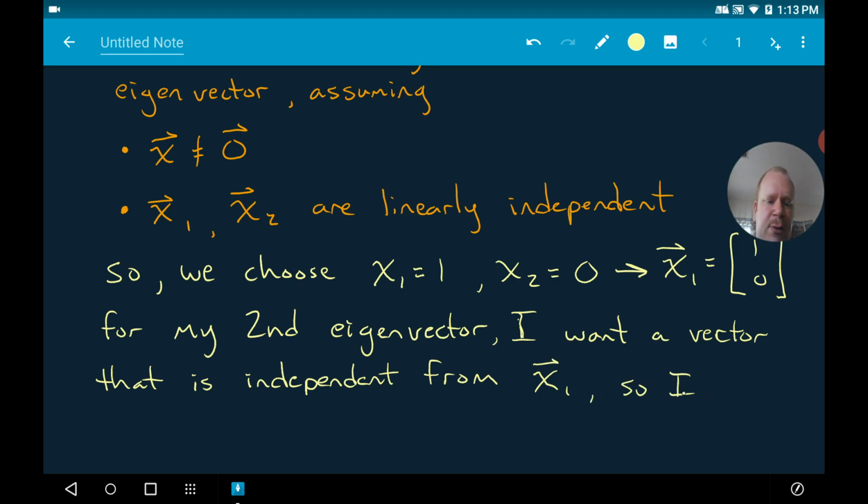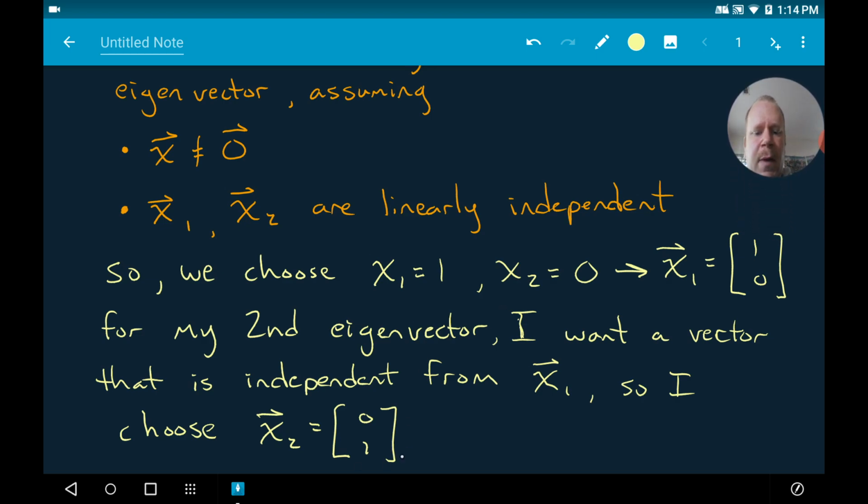So I choose the quintessential set of independent vectors, which is just going to be 0, 1. So this is my first eigenvector, 1, 0. My second eigenvector is going to be 0, 1. This one is a really special case.